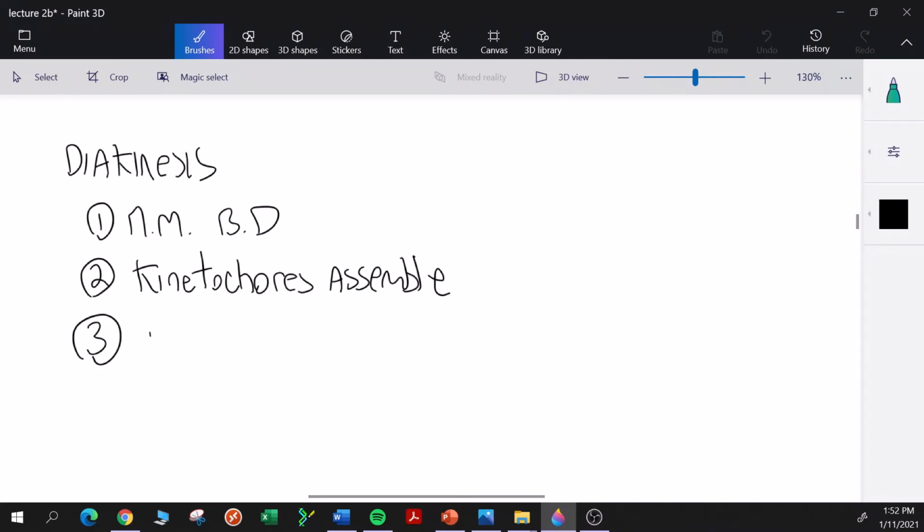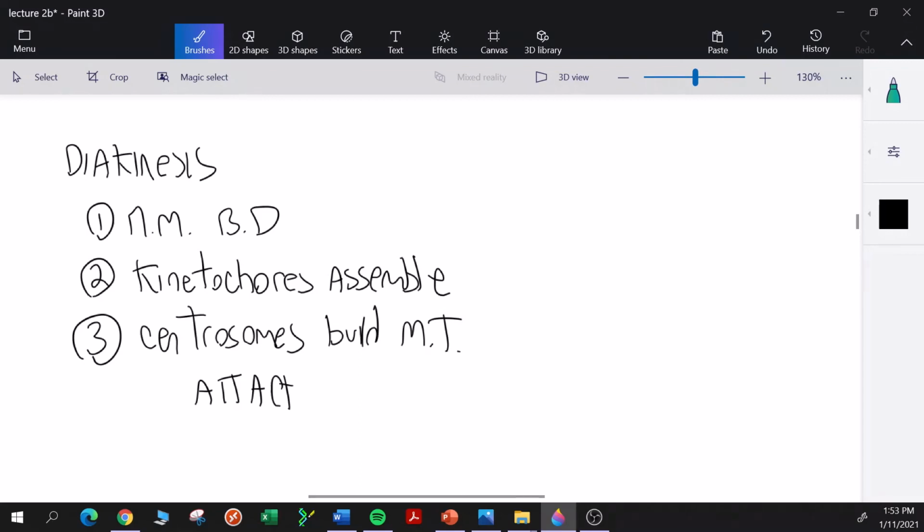And just like in mitosis, centrosomes build or synthesize the microtubules, which attach to the kinetochores. And the microtubules push and pull the tetrads to the metaphase plate.